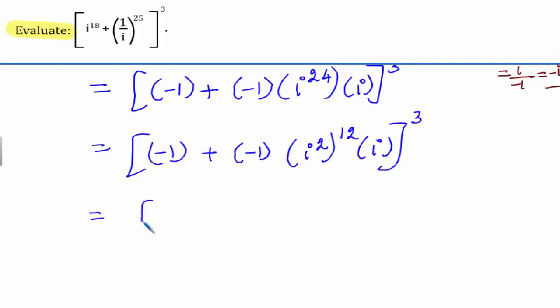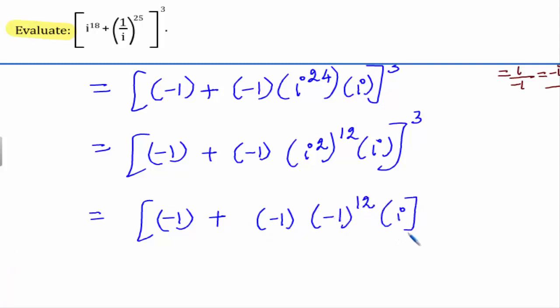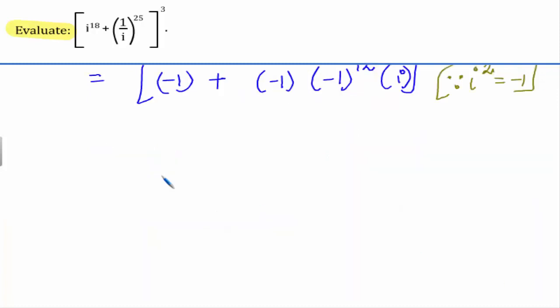This will be equal to minus 1 plus minus 1 multiplied by (minus 1) whole raised to the power 12 multiplied by i, whole cube. The reason is, since i square is equal to minus 1, this will be equal to minus 1 minus i whole cube.